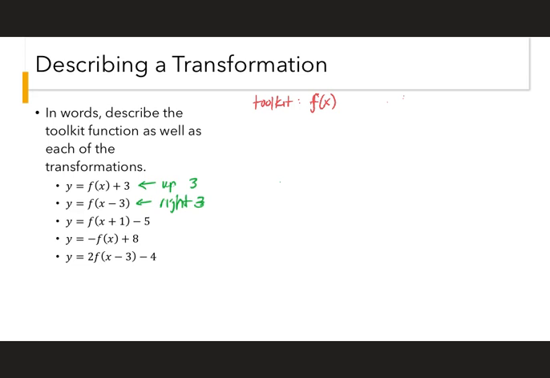Okay. F of x plus 1 minus 5. The plus 1 is inside, so it's going to go to the left 1. The minus 5 is outside the parentheses, so we're going to go down 5. Okay. Negative f of x plus 8. The negative sign out front is going to flip vertically.